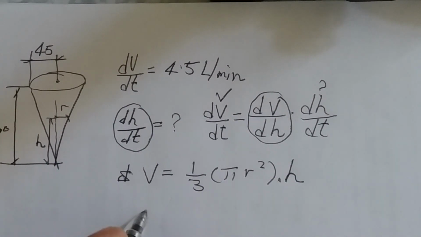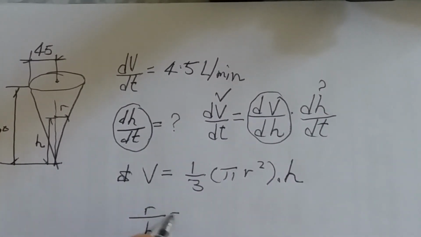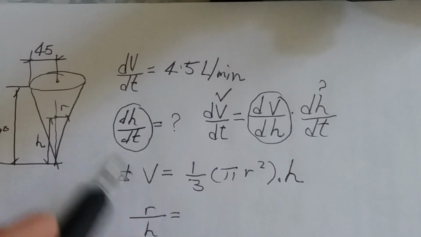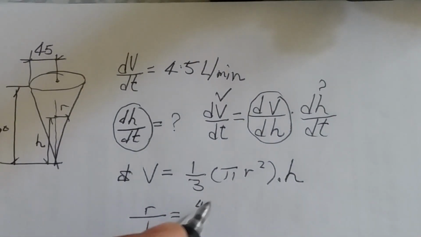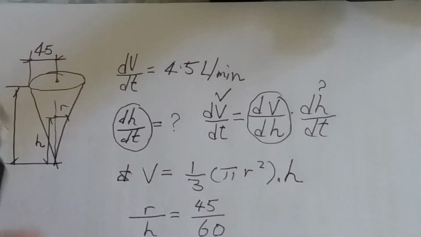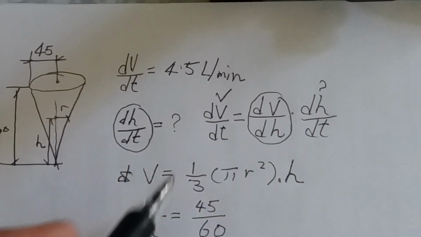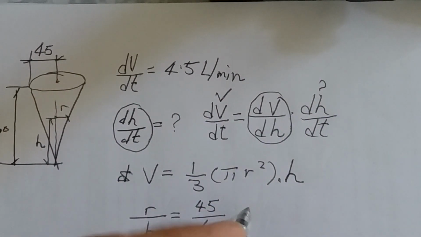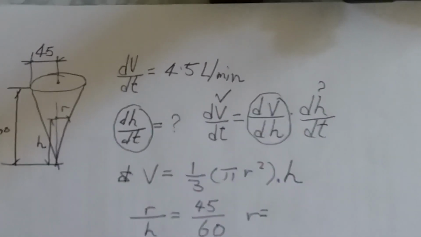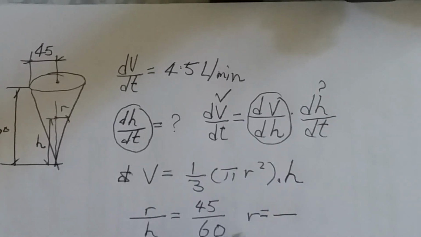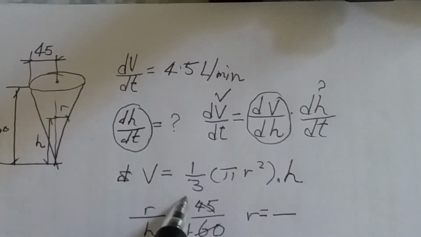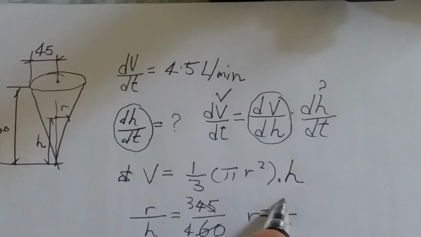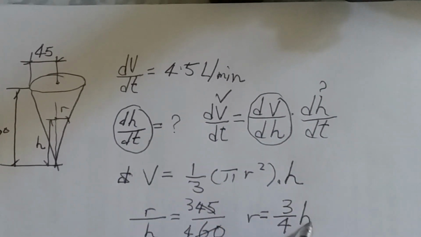Fortunately, we have the ratio for r. It's given that r divided by h is equal to 45 divided by 60. So now I can have an equation for r. r can be written as, so this is a quarter, so you have 3/4 of h.